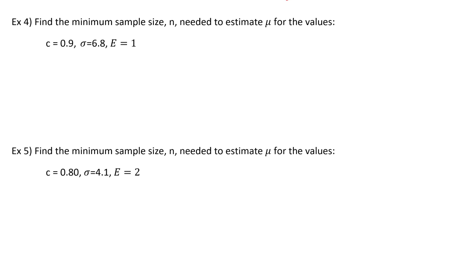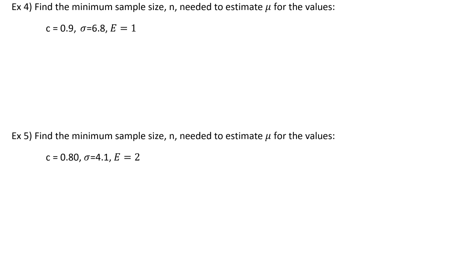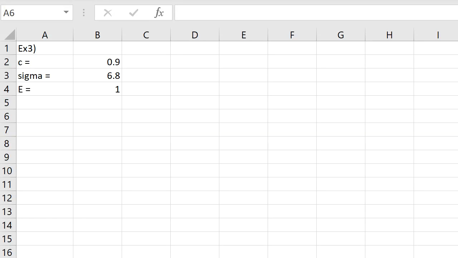All right, so for number 4, find the minimum sample size N needed to estimate mu for the values C equals 0.9 or 90% confidence, sigma equals 6.8, and E equals 1. So let's head over to Excel. All right, so we're first going to need to figure out that Z sub C in the formula.